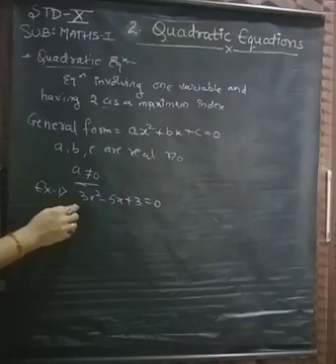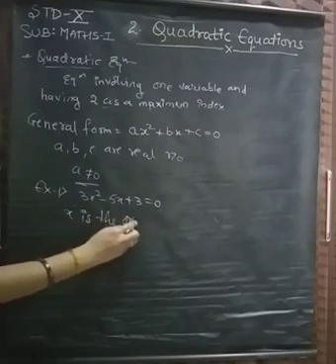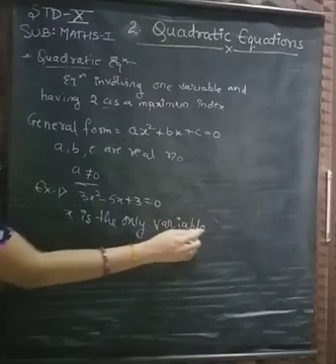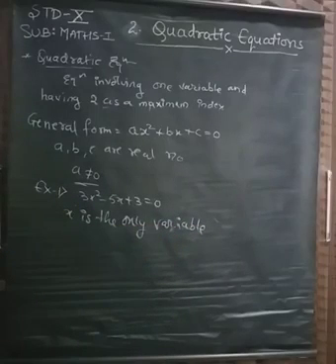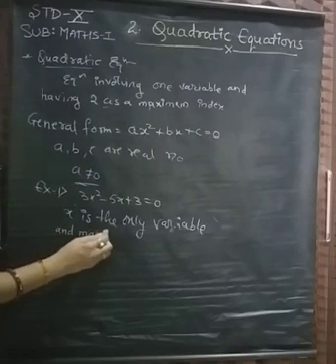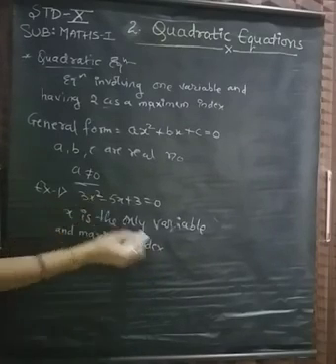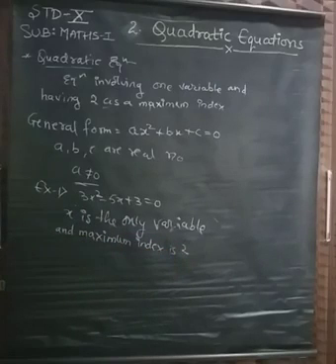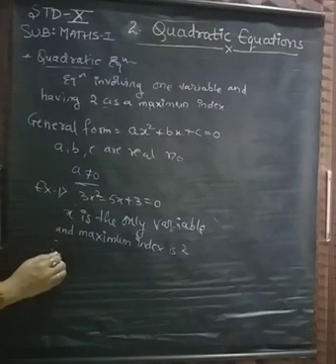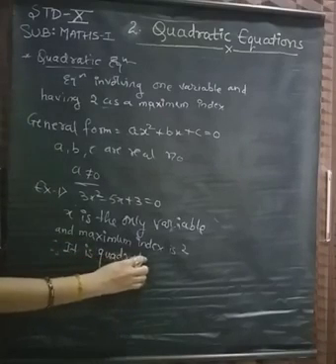In this equation, x is the only variable and the maximum index is 2. Clear? So this is a quadratic equation.